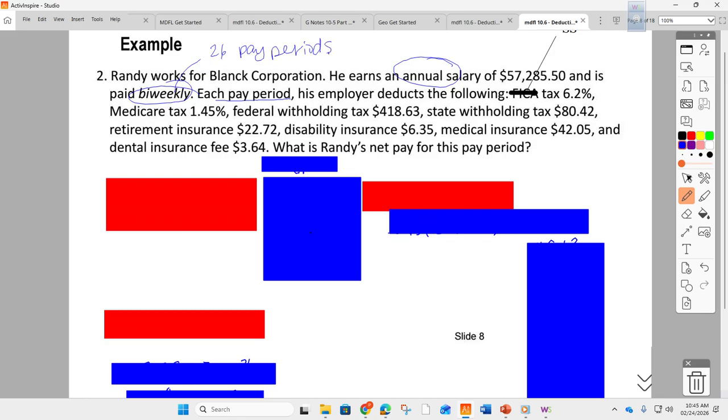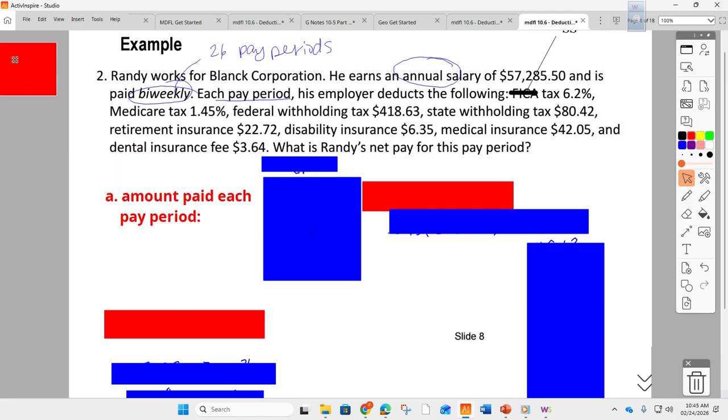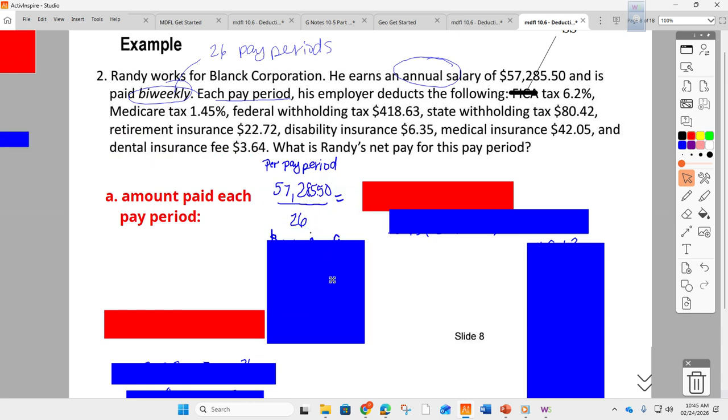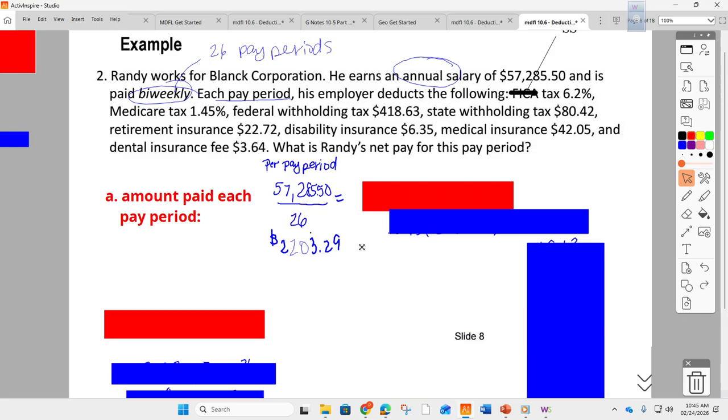So the first thing we're going to do with his gross income is we're going to convert it. So this is his pay period amount. We're going to convert it to a biweekly amount. $2,203.29. How do we get that?